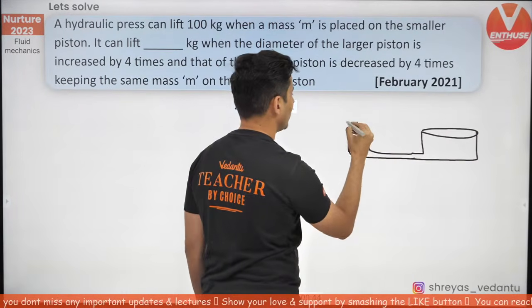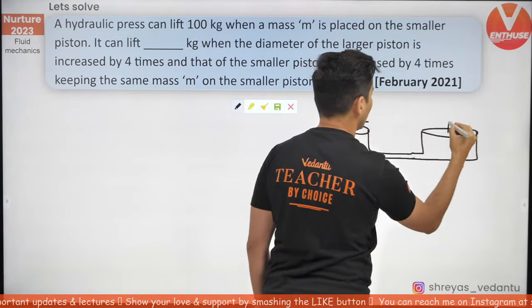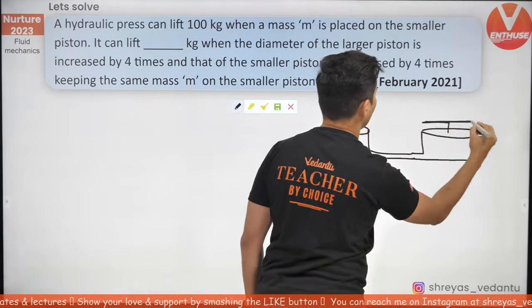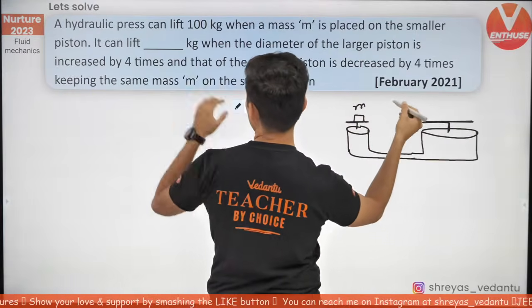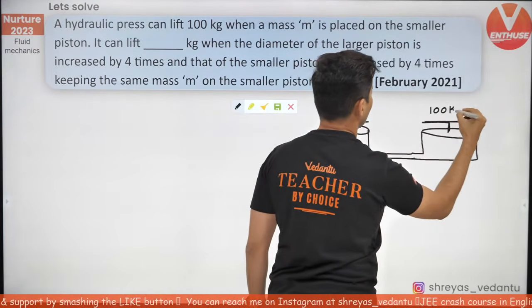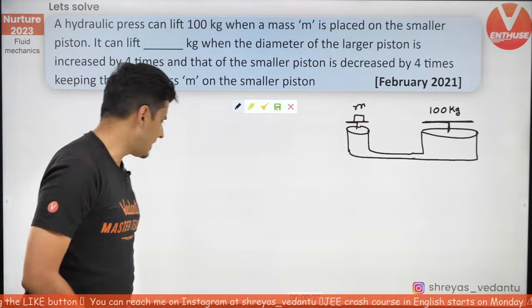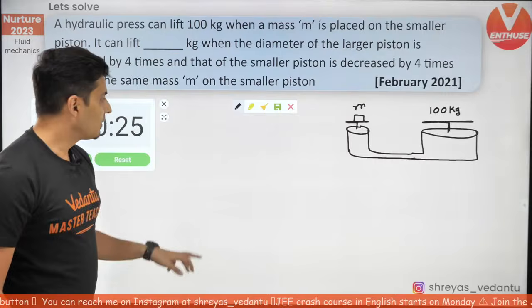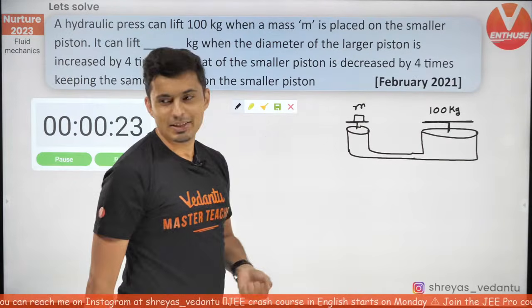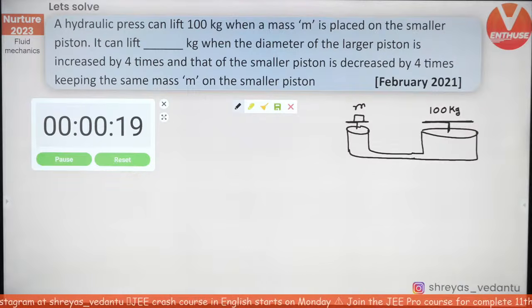And you had that mass m over here, and over here you had a different mass. So earlier this was 100 kg. Now if you change the areas as mentioned, what do you think will be the new load that you can lift? That's the question. Come on, my warriors, figure this out.